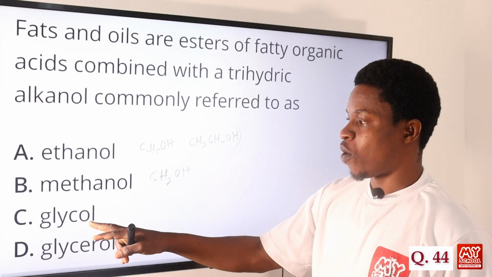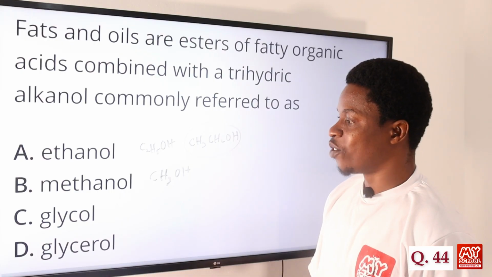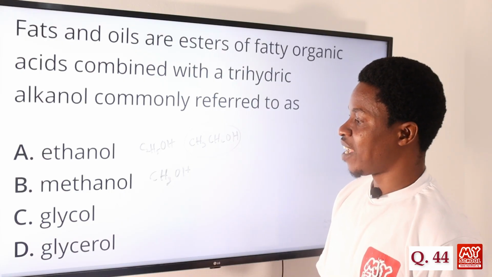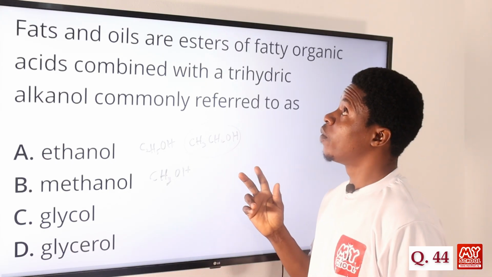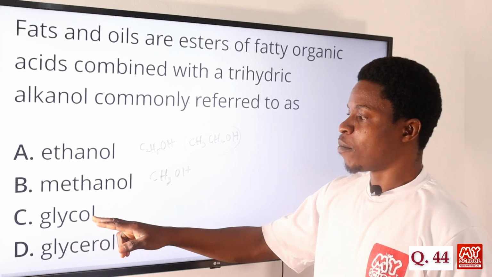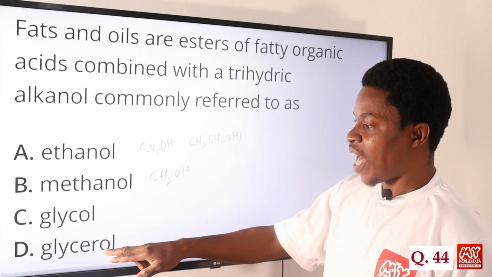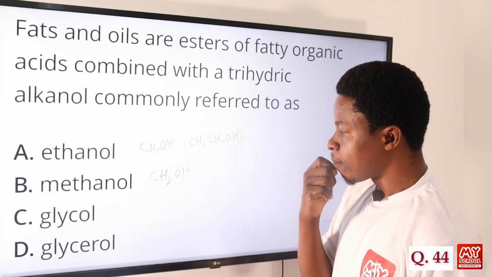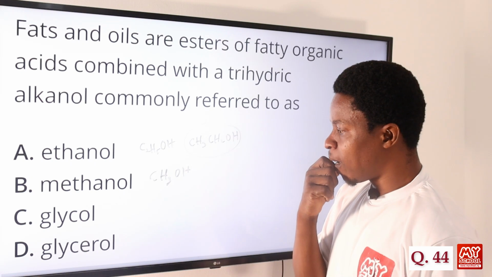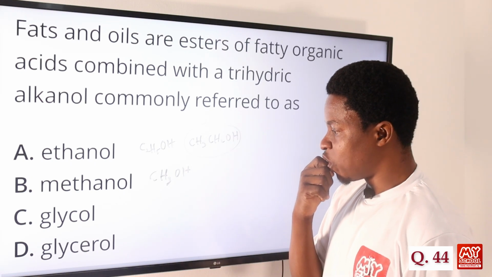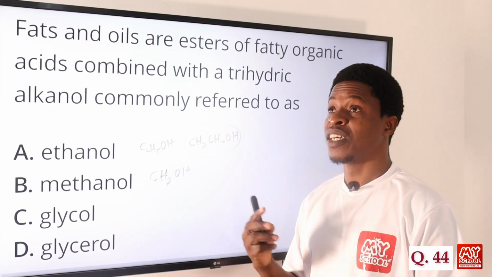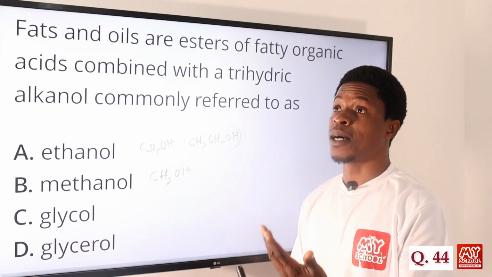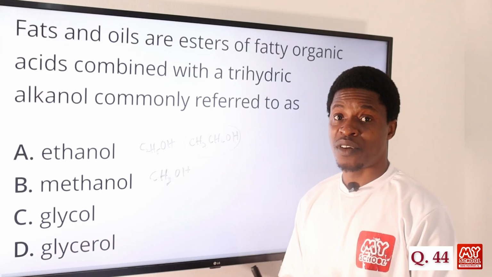So we have glycol. Glycol is also not. Glycol, we have CH3, we have CH2, we have OH, and then we have this as another form of alkanol. But we have glycerol. Glycerol is used usually when you are producing your soap, what we call saponification, fatty acids reacting with alkali, sodium hydroxide.